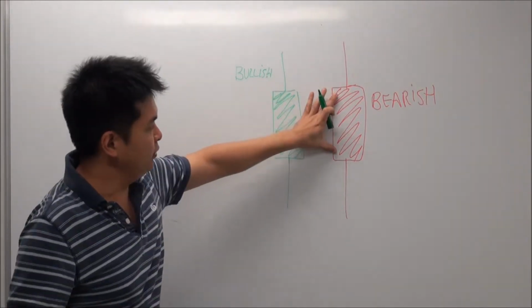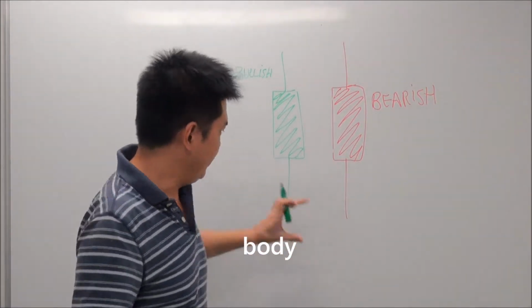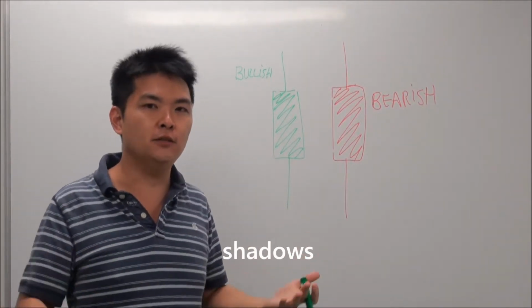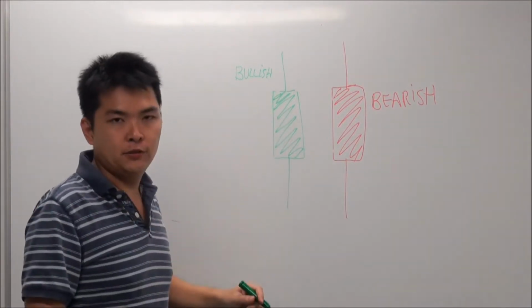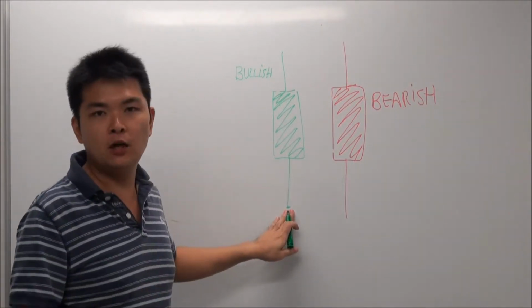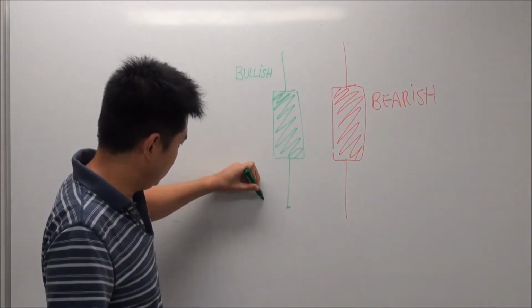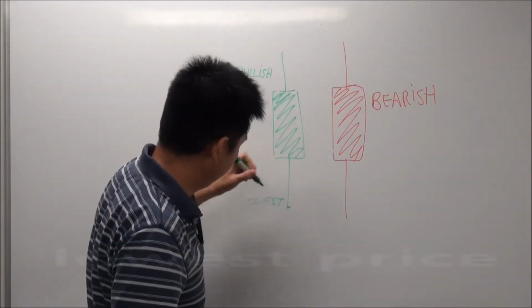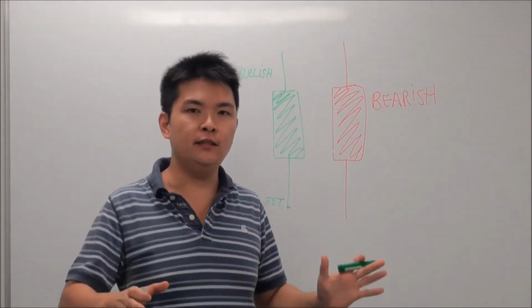And this part of the candlestick is called the body of a candlestick. And these things here, up here and down here, are called shadows, like the shadows of a candlestick. For a bullish candlestick, the bottom of the candlestick represents the lowest price of that product given a certain time.